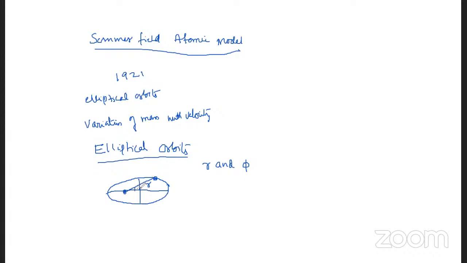So r is the radius vector, and phi is the angle which the radius vector makes with the major axis of the ellipse. Suppose this is the point where the electron is, and this is the nucleus; this we call the radius vector, and the angle here is phi.